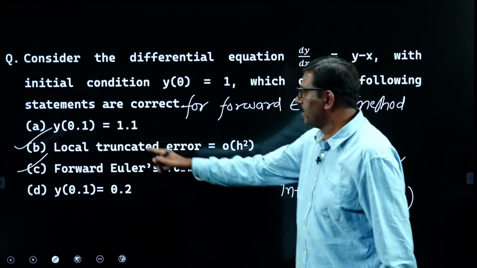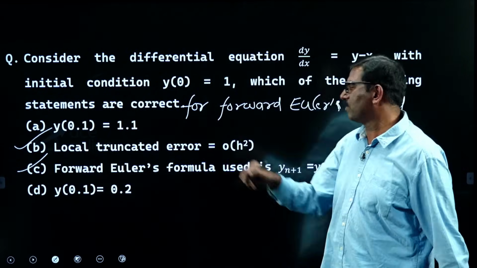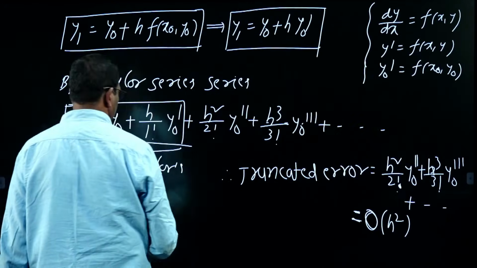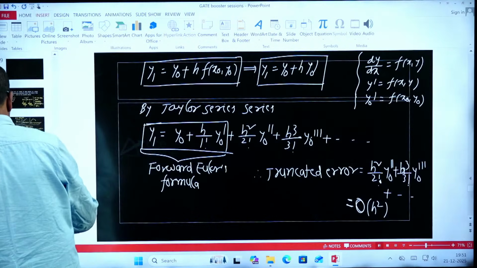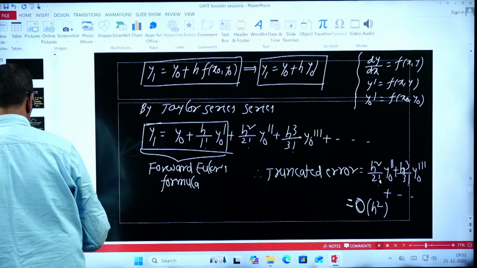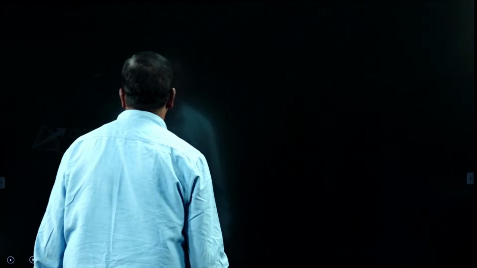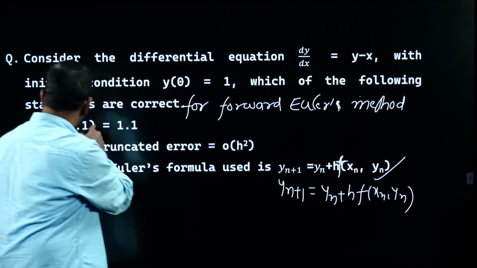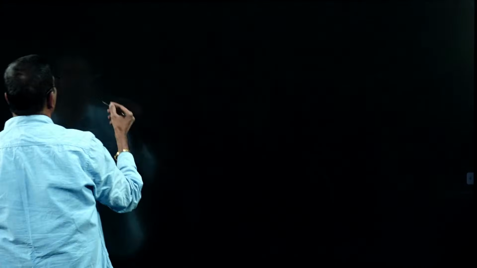Now, A or D. Y of 0.1 value, is it 1.1 or 0.2? I will check it. Y of 0.1 also I have to check. Already, to verify the first condition, y of 0, first or fourth one which is correct, I am verifying like this.